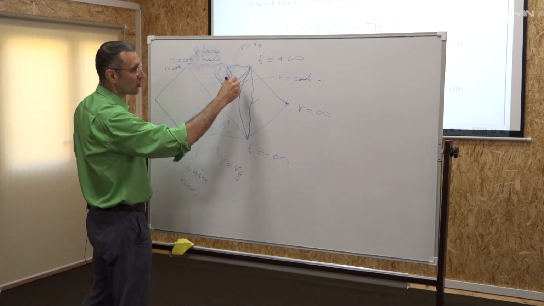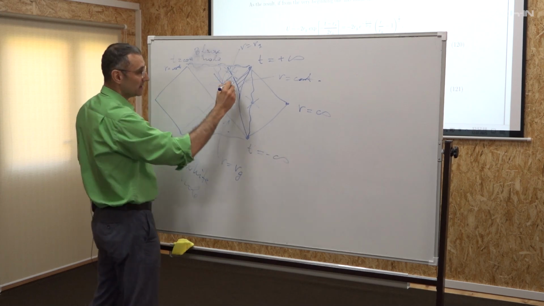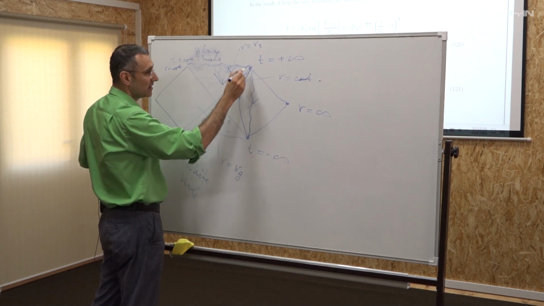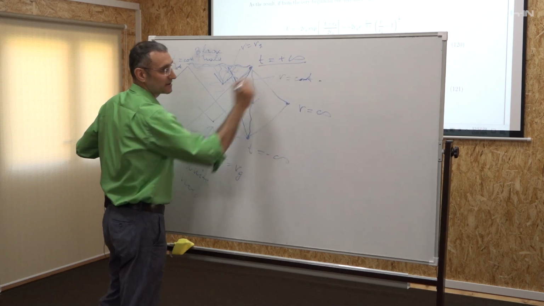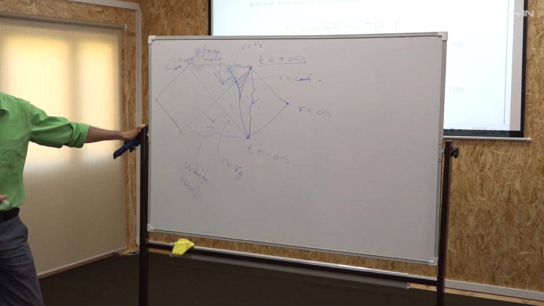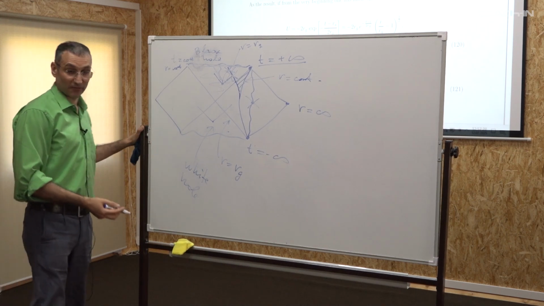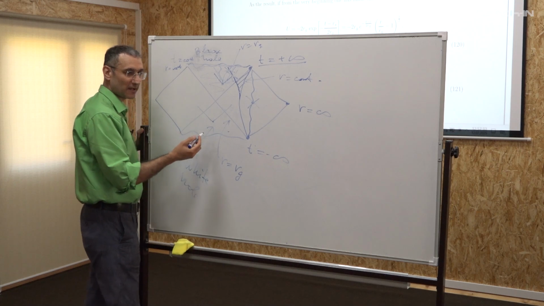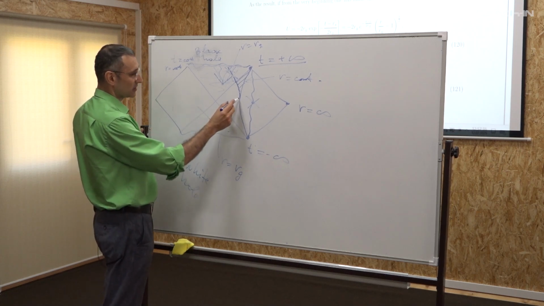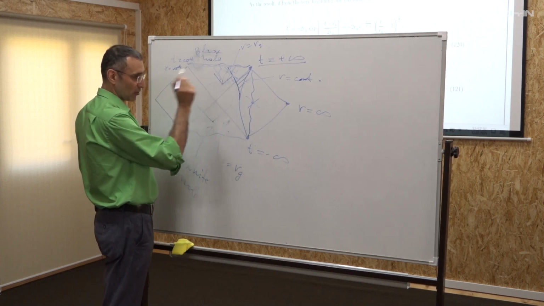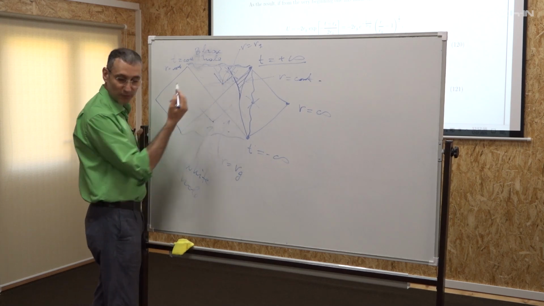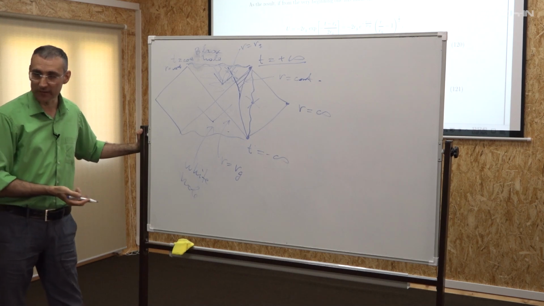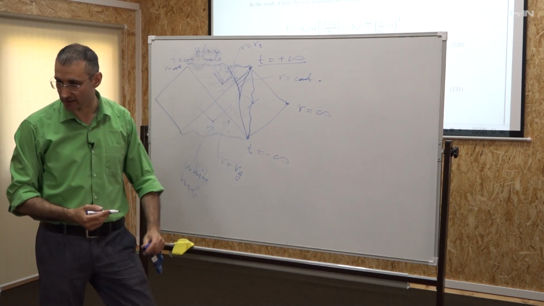And the delay grows indefinitely. So the light ray emitted exactly at the point of crossing the horizon will be received by this guy at t equals infinity. So it will never be received. That's without even a calculation. I show you on the Penrose diagram the following phenomenon: you can fall into the black hole, cross the horizon within finite own proper time. Meanwhile, someone outside of the black hole will never see you crossing the horizon.